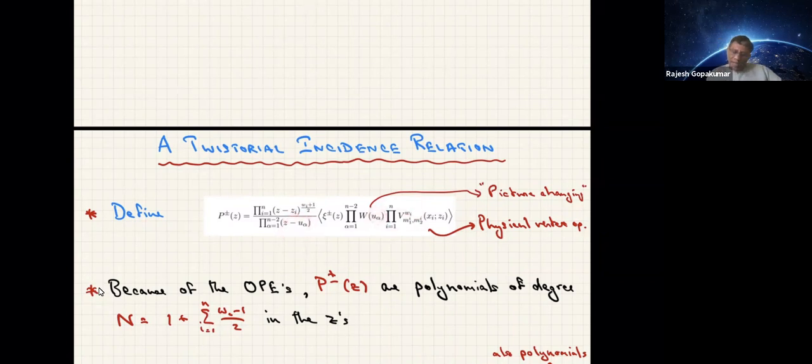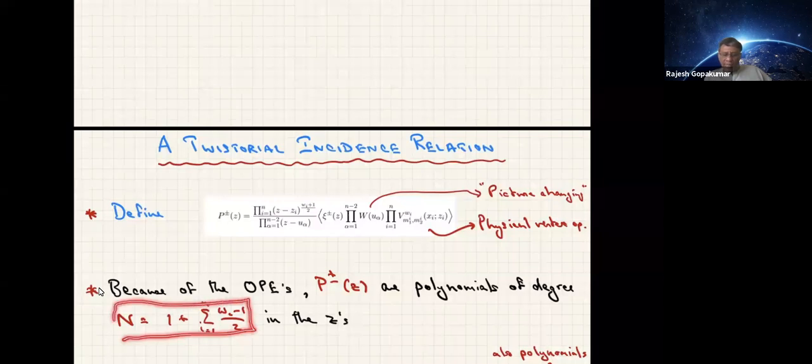So it turns out the reason these factors are chosen is that if you look at its dependence on just the variable Z, it's a polynomial of a specific degree in Z. And why is this?